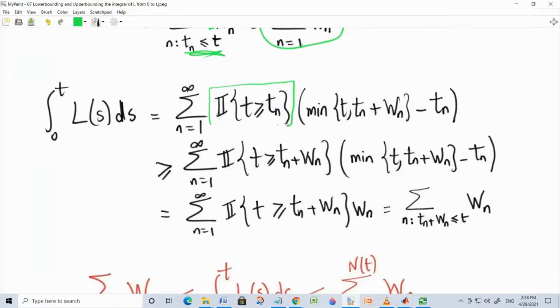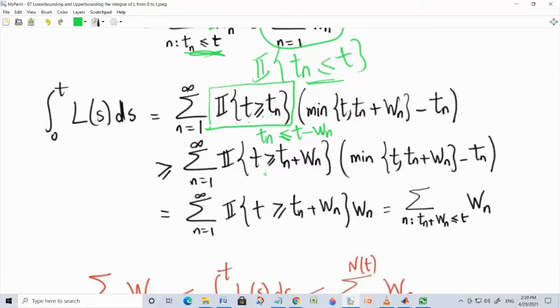So here, basically, we have an indicator that t is greater than or equal to Tn. So here you have an indicator that Tn is less than or equal to T. So you include in your summation any arrival instance that satisfies that they are less than or equal to T. So what you will do is that you will have Tn less than or equal to T minus Wn.